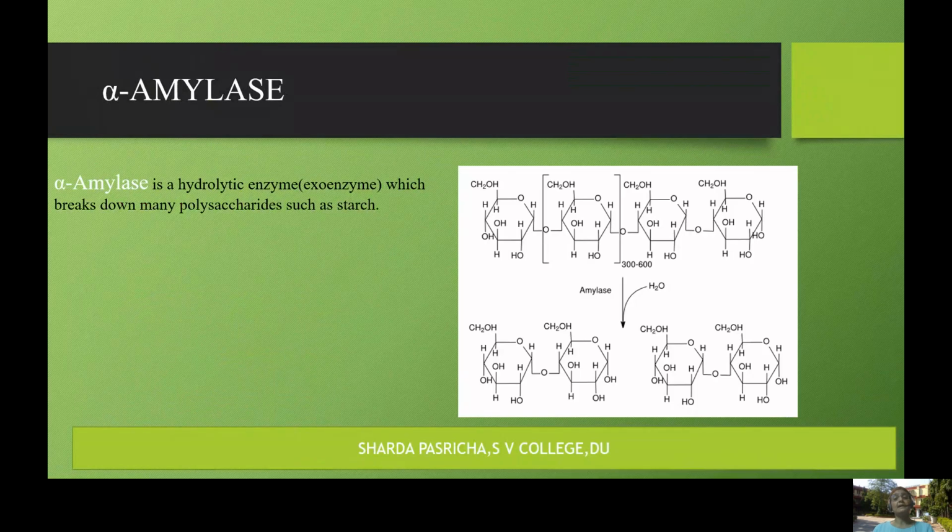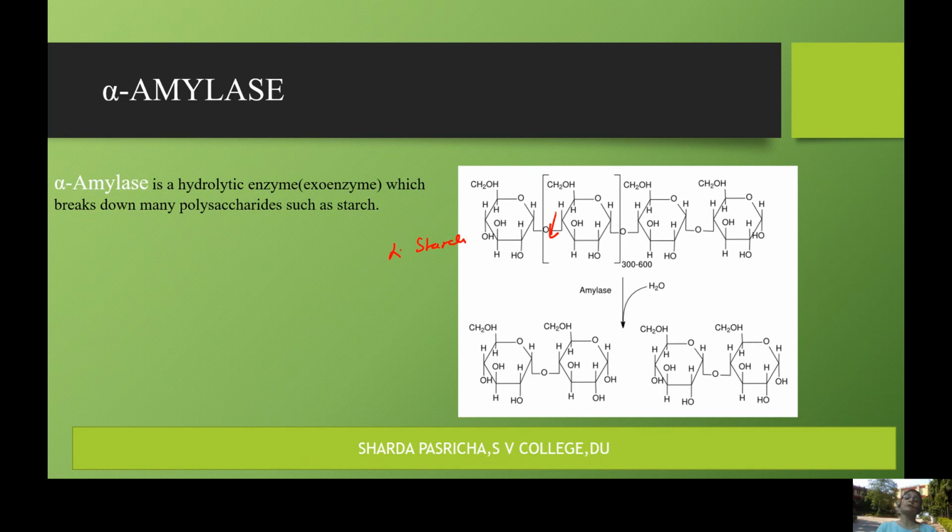So as I said, it acts on the 1,4 glycosidic linkages present in starch (alpha) and not cellulose, because cellulose has beta 1,4 glycosidic linkage, and it will not break down.